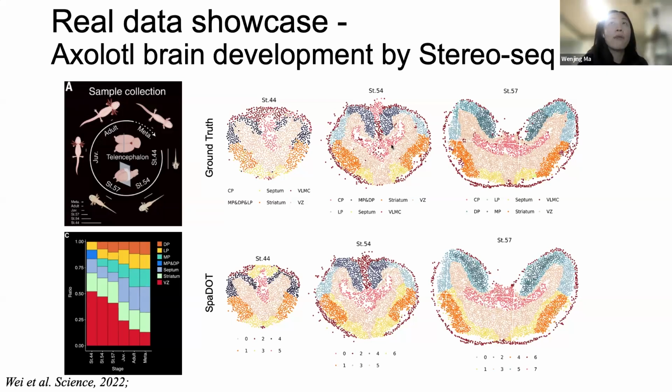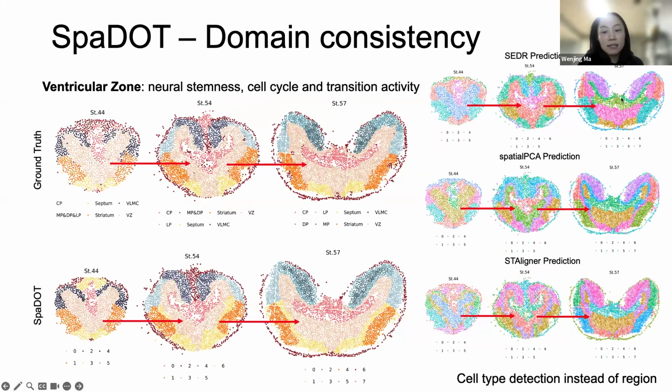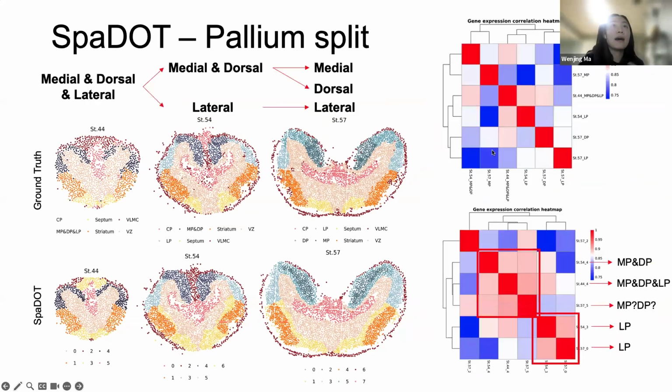We also want to show that we perform well on domain consistency for this ventricular region, and that we detect this pallium split. But as I mentioned, it's not perfect: it cannot detect the boundary between the medial pallium and the dorsal pallium, but it does show certain indications that there should be a split there.